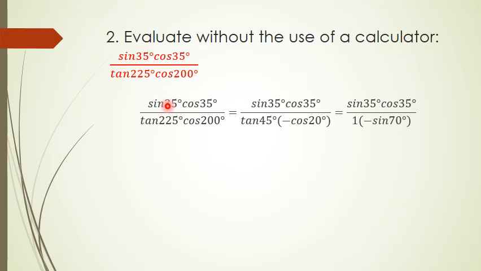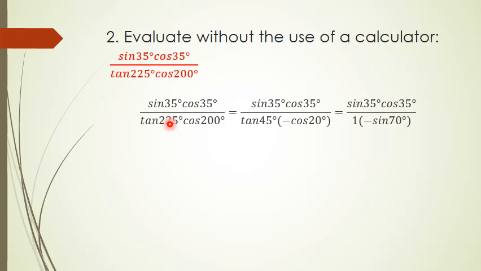So that's sin 35 degrees cos 35 degrees over tan 225 cos 200. This is equal to, these ones are already acute angles, leave them like that for the time being. Now 225 is in the third quadrant, and it is 180 plus 45.